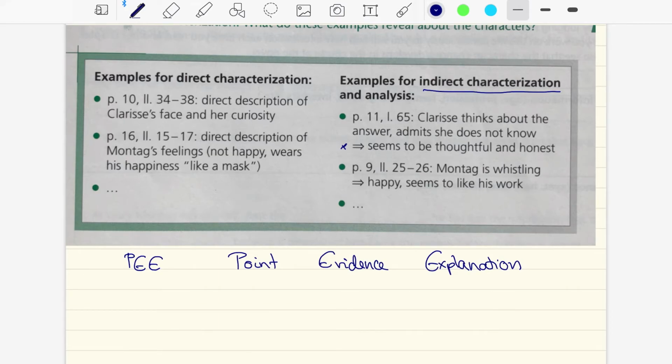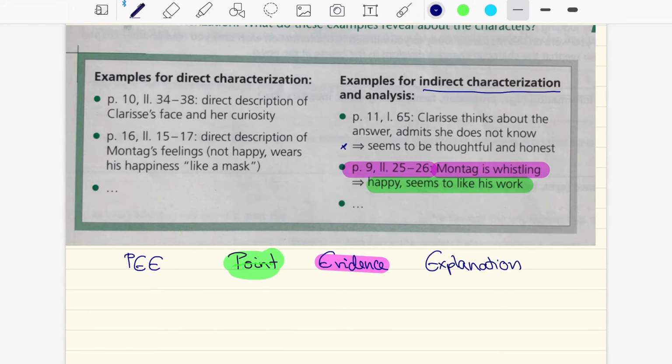So the point would be, for example, that Montag seems happy, he seems to like his work. The evidence for that is, in pink, here at page 9, line 26: he is whistling. And then the explanation would be added again by you.